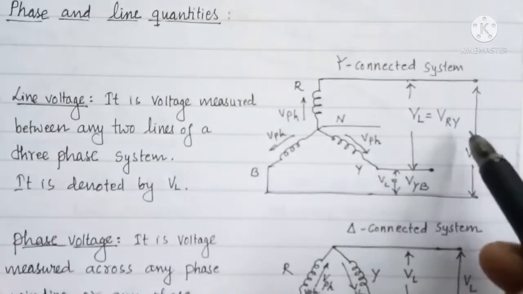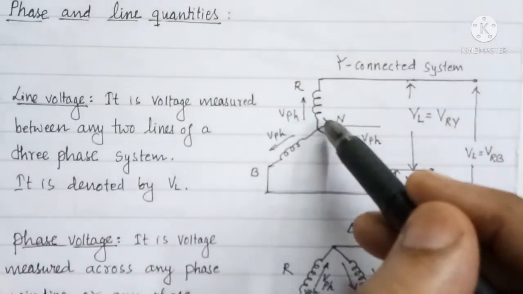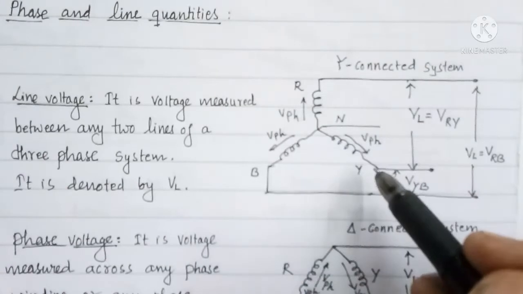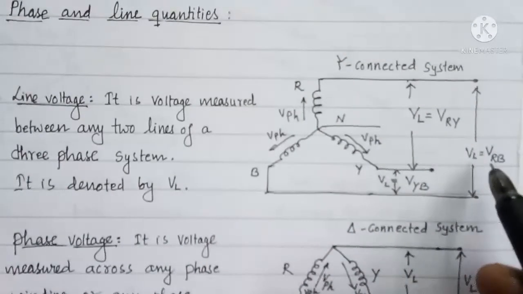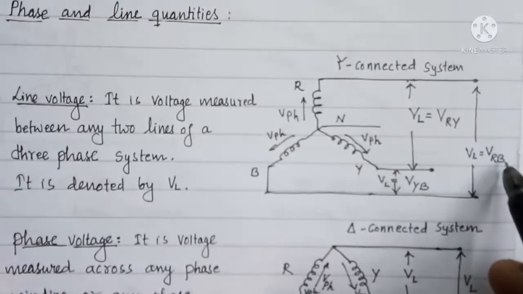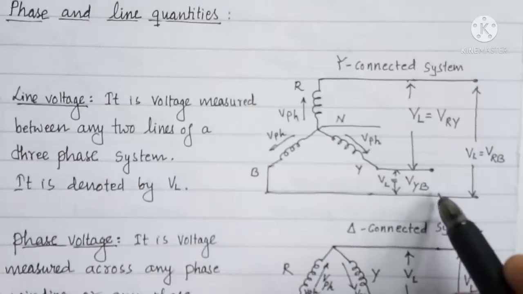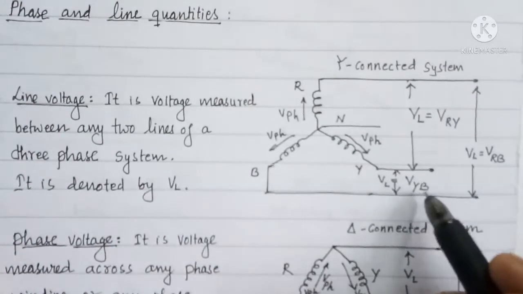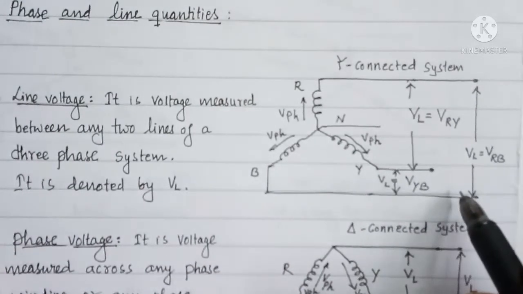Similarly, VRB will be equal to VRPH minus VBPH, and VYB will be equal to VYPH minus VBPH.